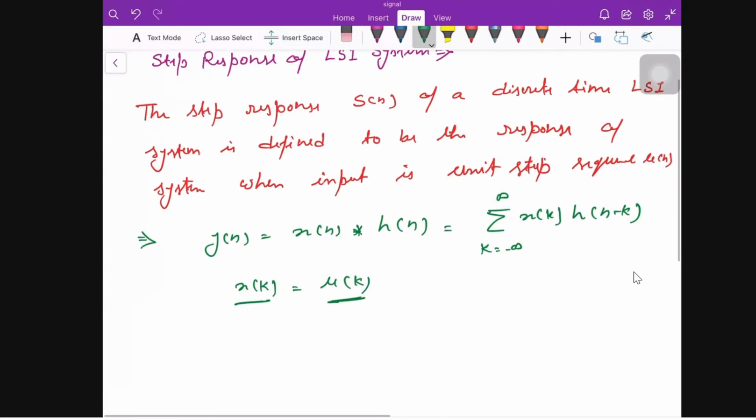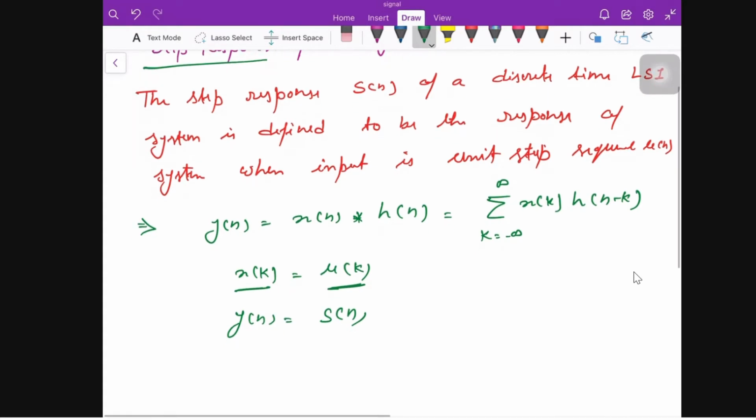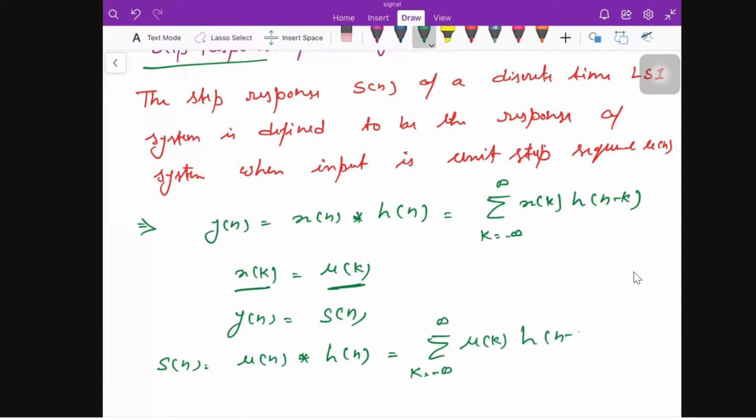When you put this value, obviously yn becomes Sn, because that is what we call the step response. So Sn equals un convolution hn, and we can write this as the summation over k equal to minus infinity to infinity of uk hn minus k. The same thing I have written in terms of Sn.